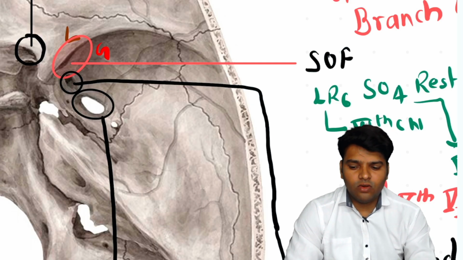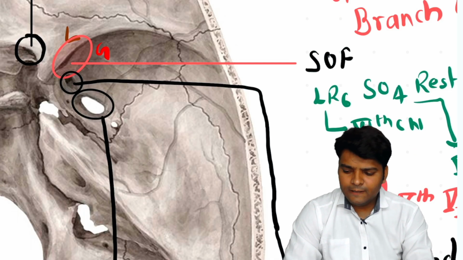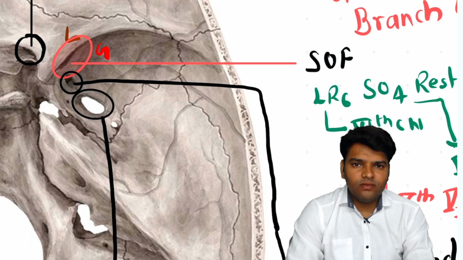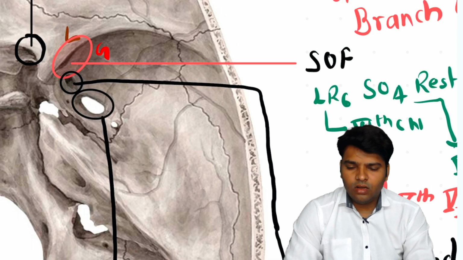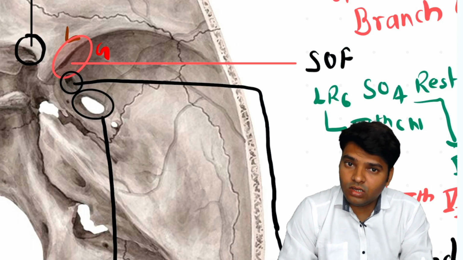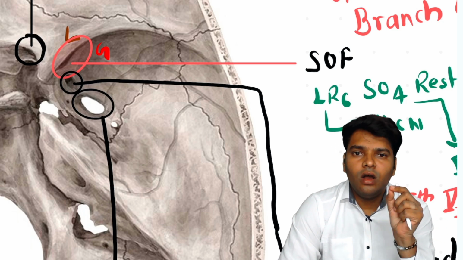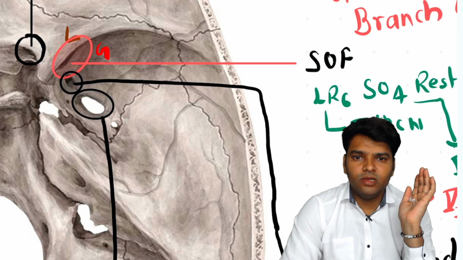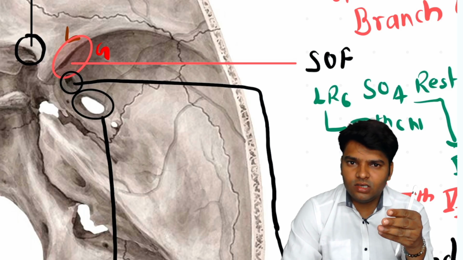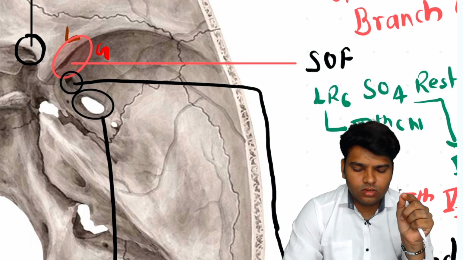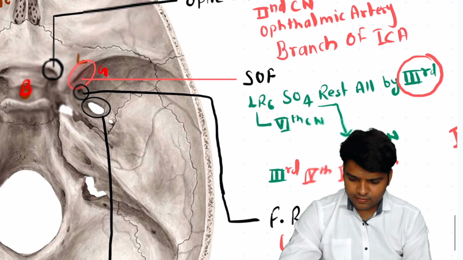The sixth cranial nerve also passes through it. Along with that, the ophthalmic nerve, and one more structure, the ophthalmic vein, also passes through the superior orbital fissure. Please write it down.